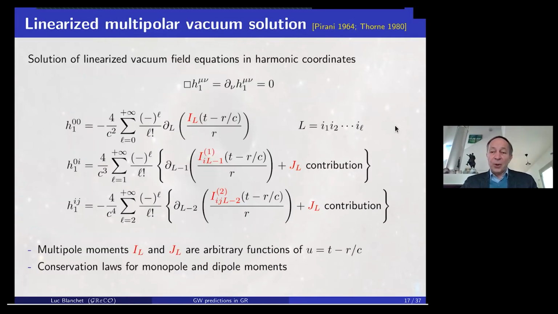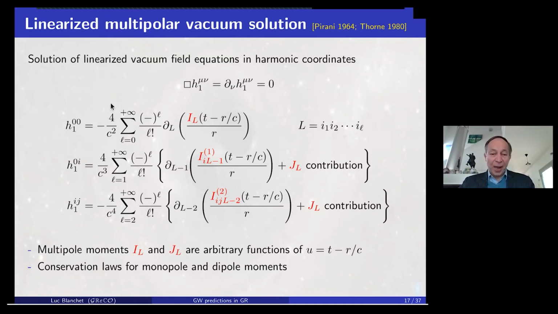The Thorne formula for the first step in this MPM approximation is just the most general solution of the linearized Einstein field equation in harmonic coordinates that you will recognize certainly here very easily.